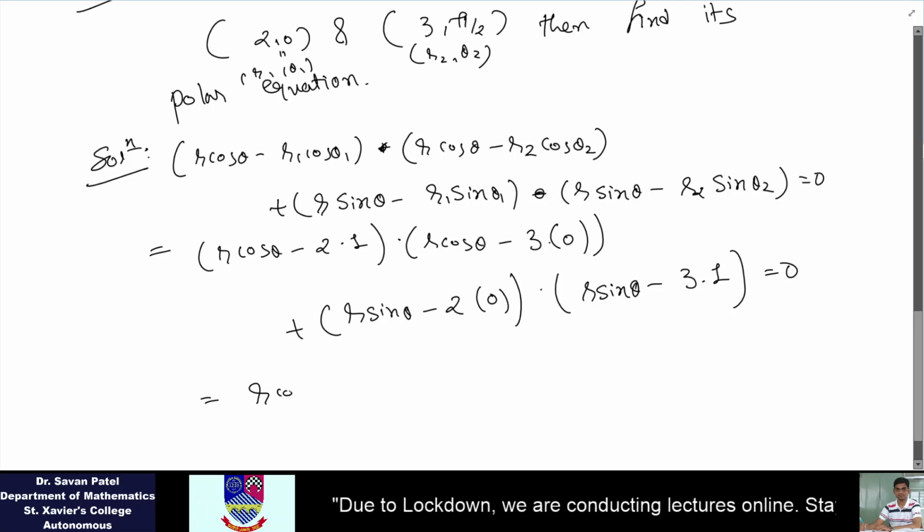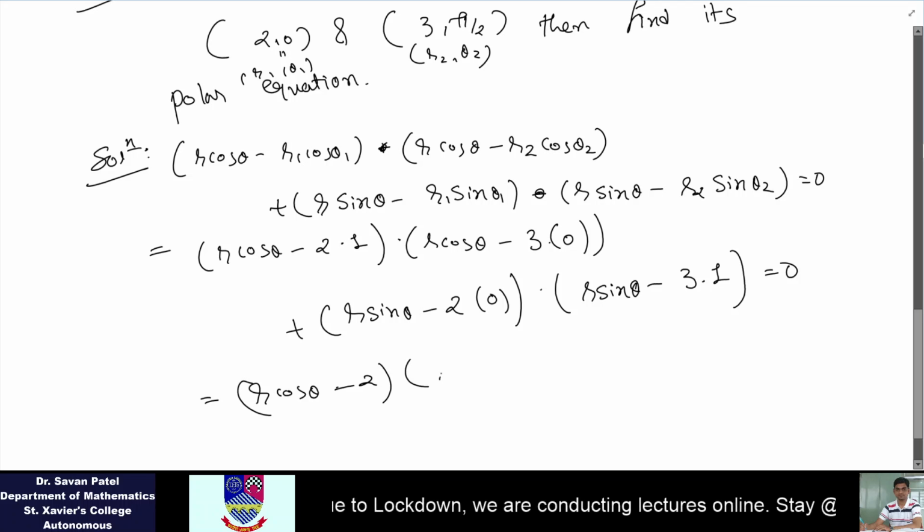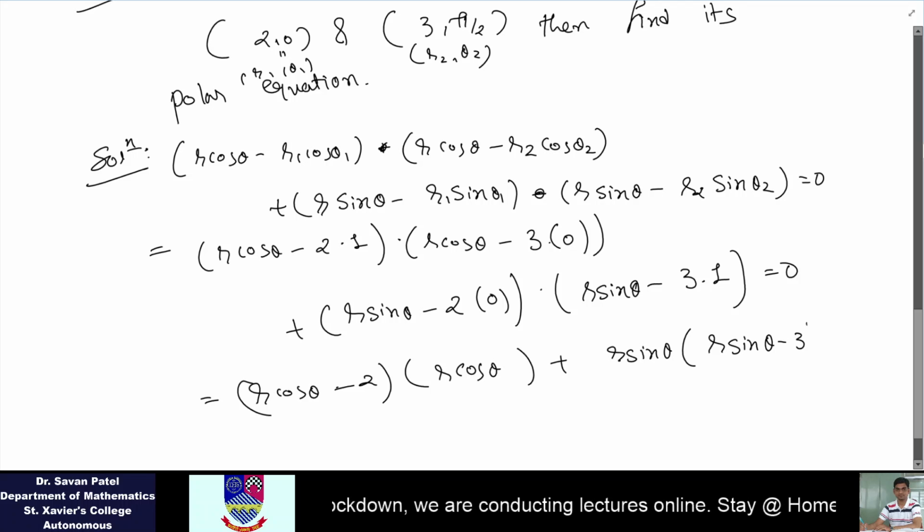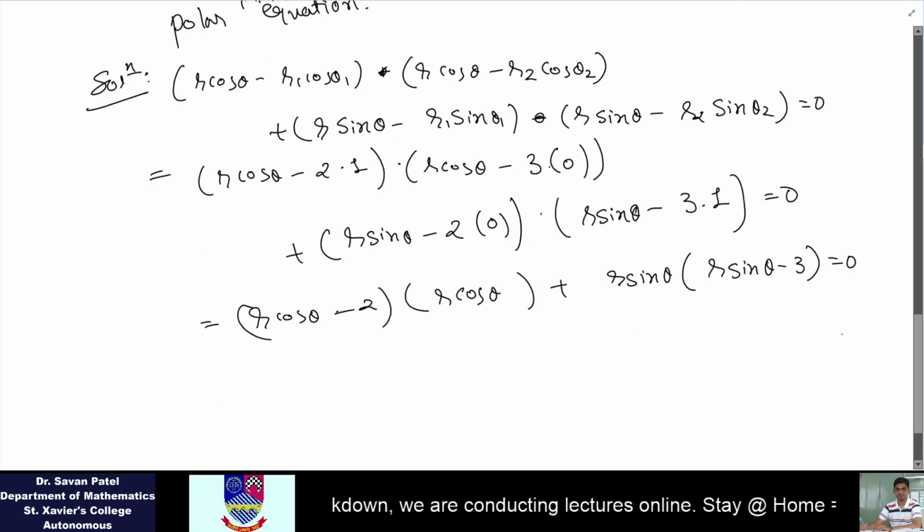So that is (r cos theta minus 2) times r cos theta plus r sine theta times (r sine theta minus 3) is equal to 0.